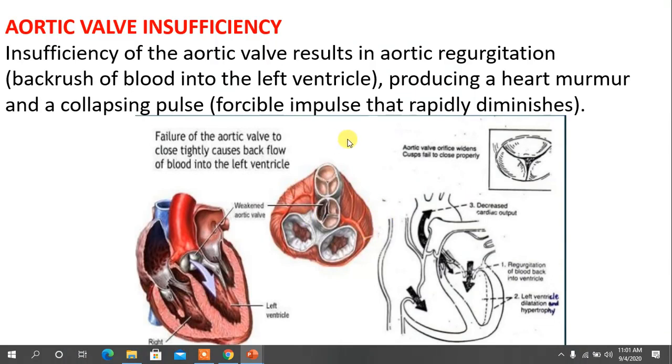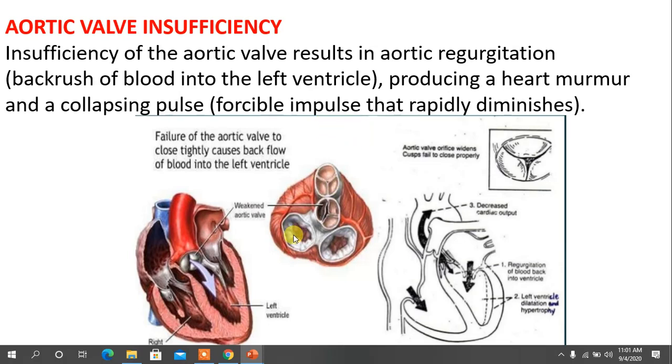Aortic insufficiency, or aortic regurgitation. The causes will be the same as we have seen in pulmonary regurgitation. Backrush of the blood into the left ventricle, producing a hard murmur that will be diastolic in nature.